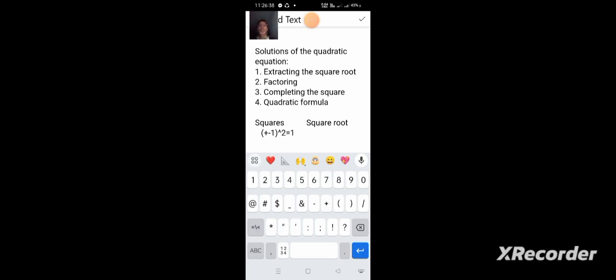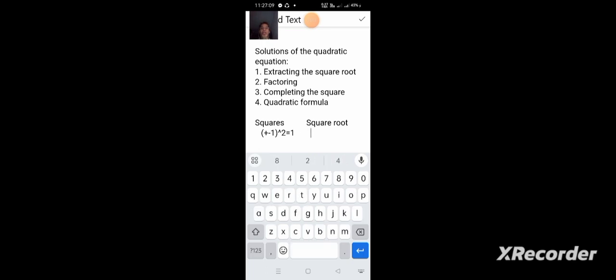So when you see positive negative, you are going to multiply the positive number: positive 1 times positive 1 equals 1. Negative 1 times negative 1 equals 1. Not positive times negative 1. So when we say square, the sign of the number must be the same when multiplied by itself.